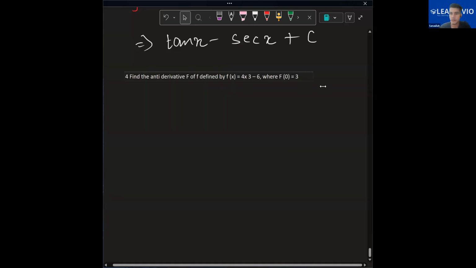So this is the question. Find the antiderivative f of the function f defined by f'(x) equals 4x power 3 minus 6, where f of 0 is 3. You have to find the antiderivative f. That means your f is an integral.